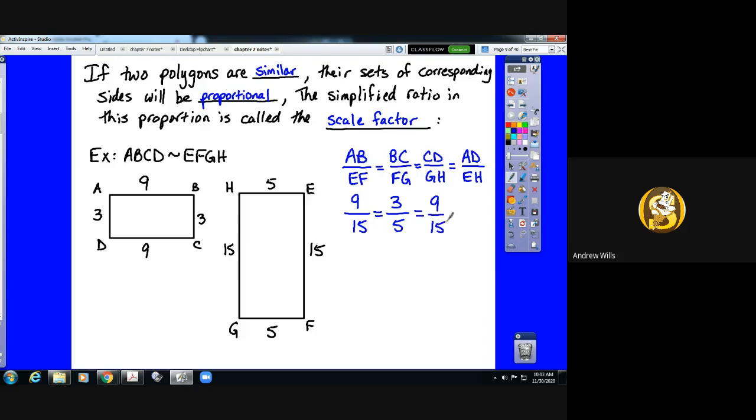GH is 15. AD is 3. EH is 5. So we plug in the side lengths from the picture into the proportion. Notice that all four of those fractions are equal. Technically, 9 over 15 needs to be reduced. Those are both divisible by 3. But if we reduce them, notice that all four of those fractions are equal to 3/5.